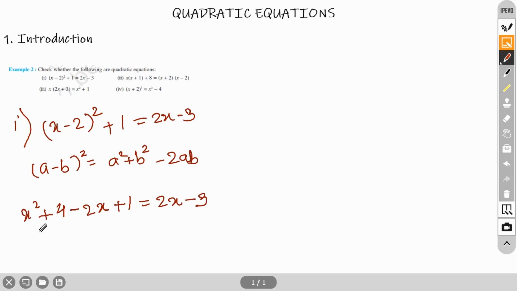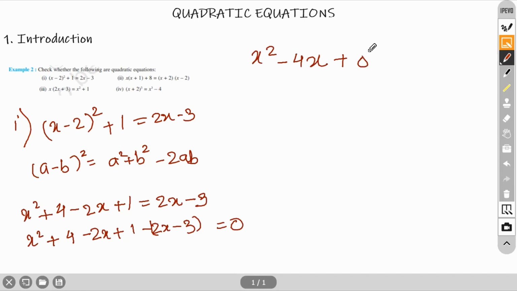Subtracting 2x minus 3 on both sides, we'll get x square plus 4 minus 2x plus 1 minus 2x plus 3 equals 0. Opening the brackets, solving, we'll get x square minus 4x plus 8 equals 0.